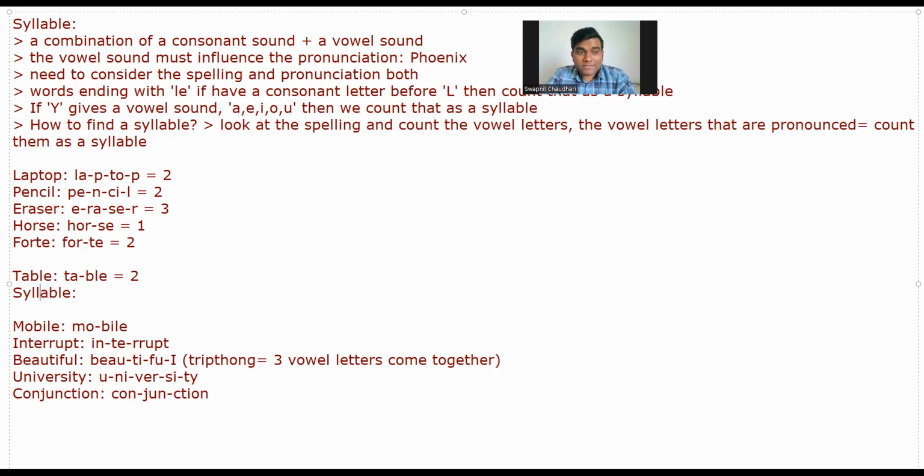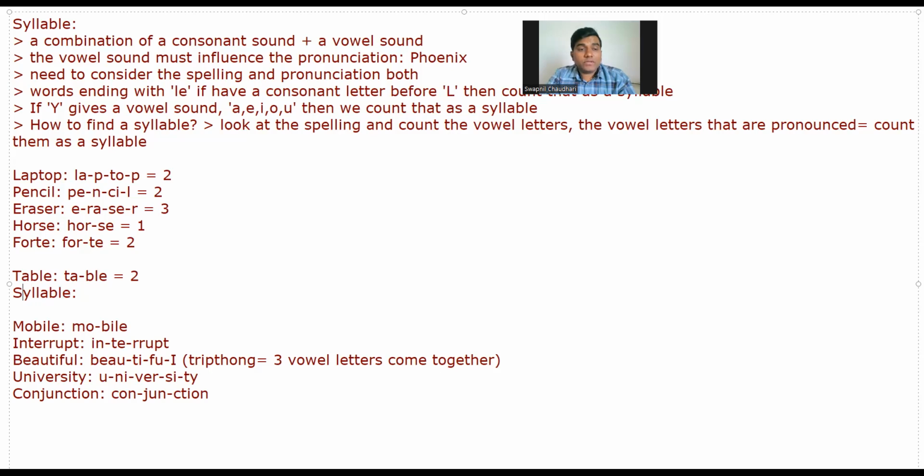But the pronunciation is syllable, right? So we do not count this highlighted area as a syllable, okay? Now the last one. This is ending with LE and it has a consonant letter before that. So we count this as a syllable, right?